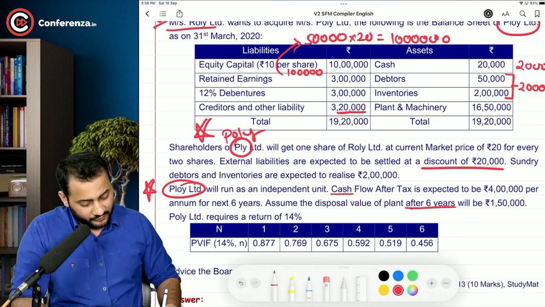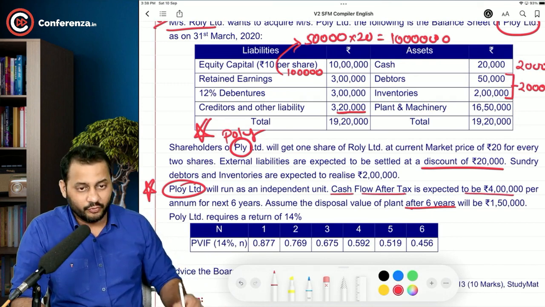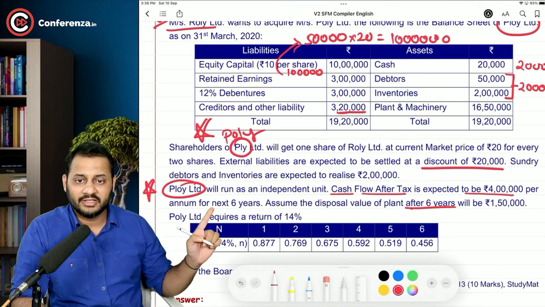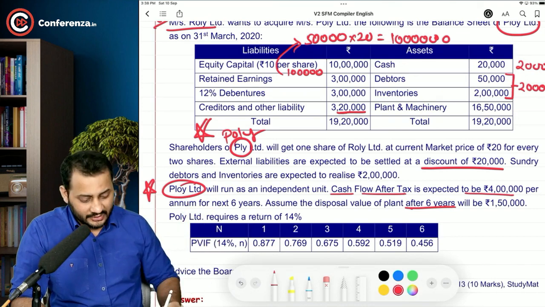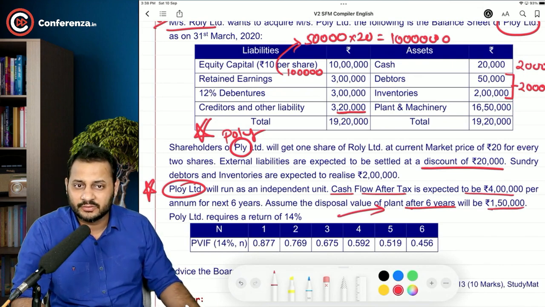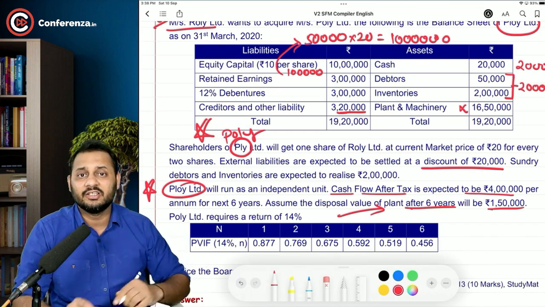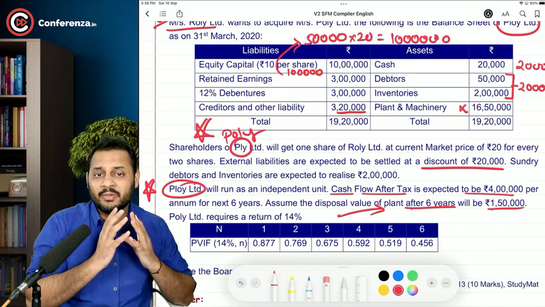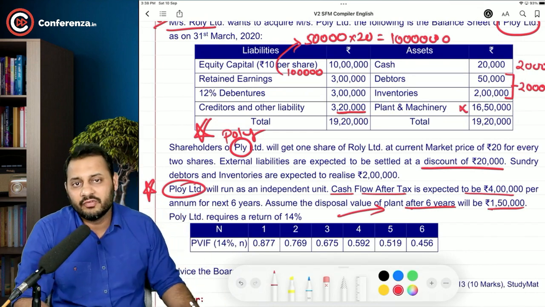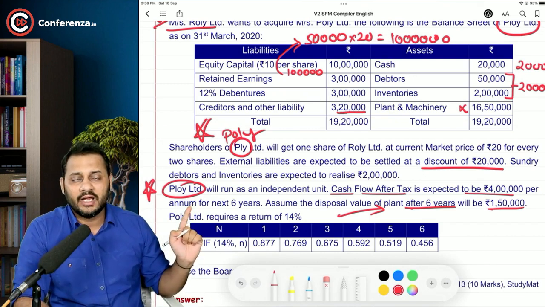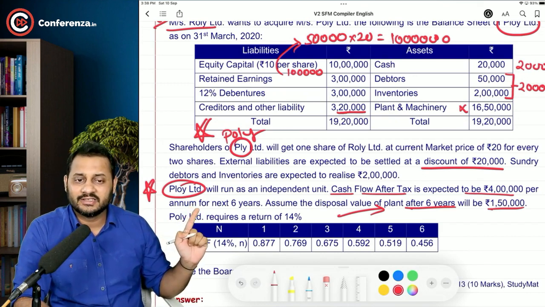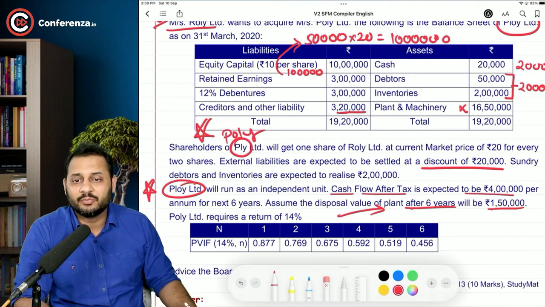The cash flow after tax is expected to be 4 lakh rupees per annum for the next 6 years, and assume that the disposal of that plant after 6 years will be at 1 lakh 50,000. So don't consider this 16 lakh 50,000. Instead consider the operations and the profit that you will make out of that 16 lakh 50,000, which is nothing but 4 lakh per annum for the next 6 years and 1 lakh 50,000 in disposal.